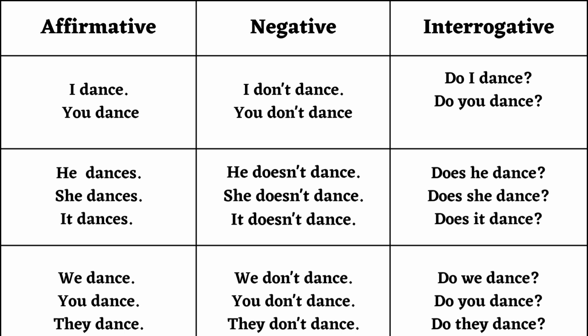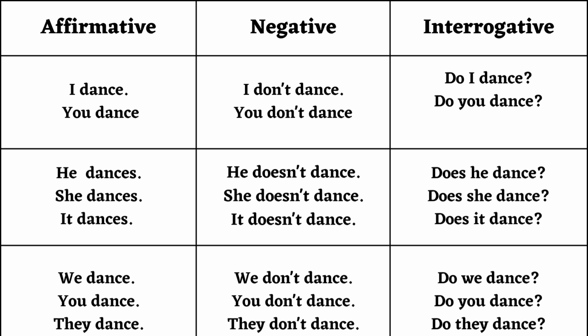For the question, we ask, does he dance? Does she dance? Does it dance? If you look closely, you'll find out that in the negative we have he doesn't, and then we use does in the question. Does he dance? Because we said in the negative it is he doesn't dance.